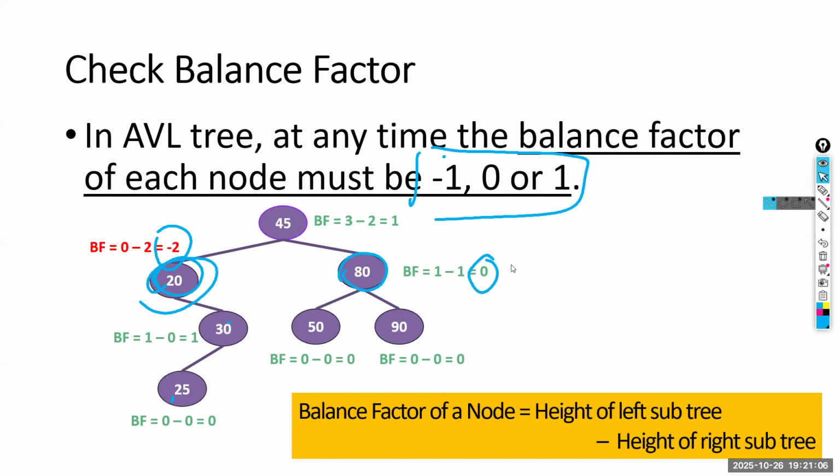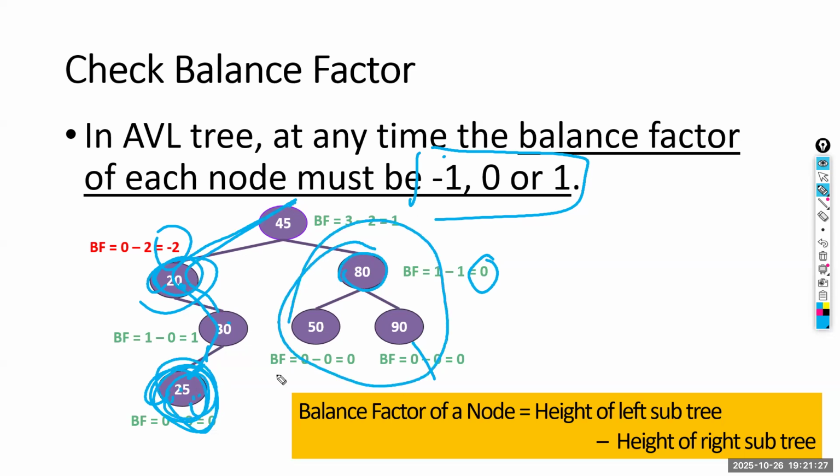For example, when do you check the unbalancedness? When you insert, say you insert a record here. Now only it is unbalanced, right? So therefore you check from this point upwards. Adding a node here is not going to unbalance these things.